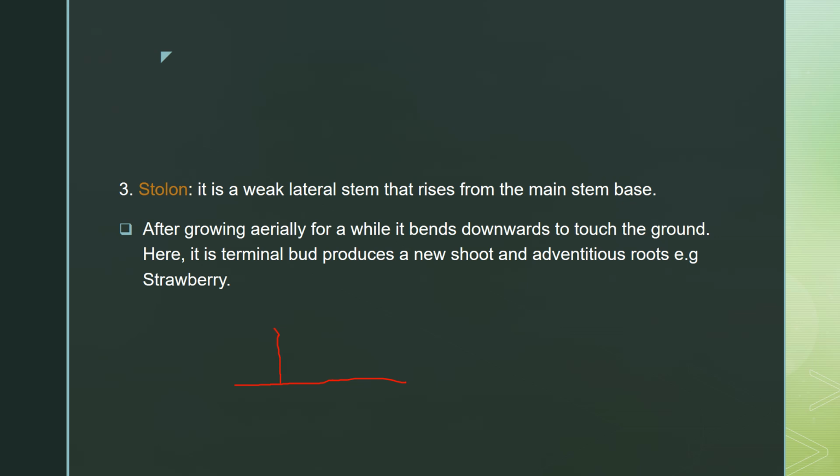So this stem arises from the base of the main stem, and after growing aerially for a while, it bends downwards to touch the ground. At this point, when it touches the ground, the terminal bud produces adventitious roots under the ground and a new shoot.